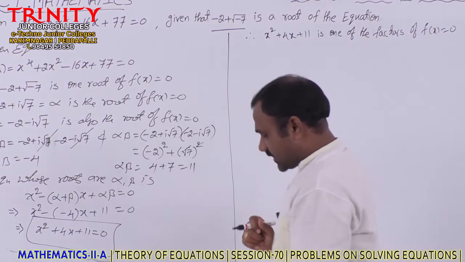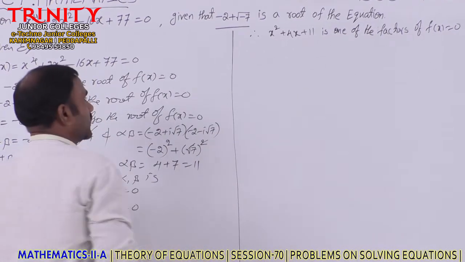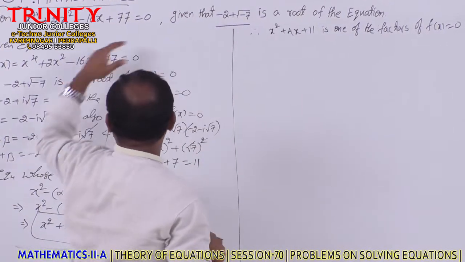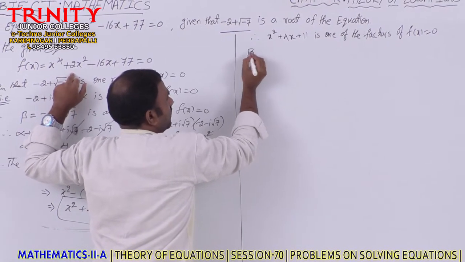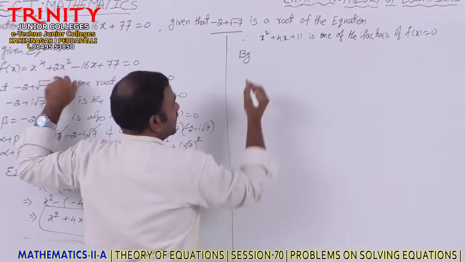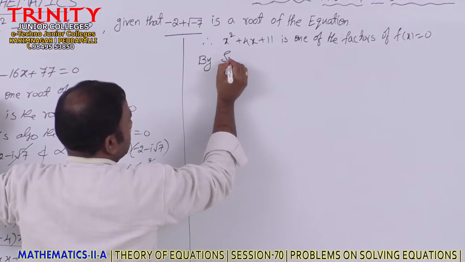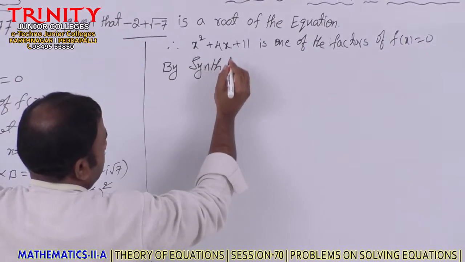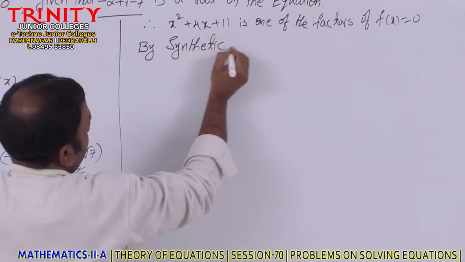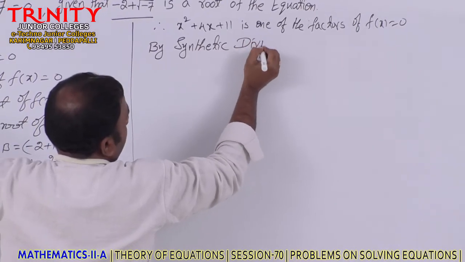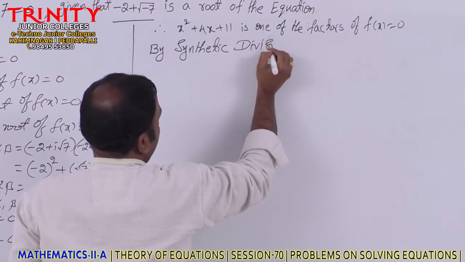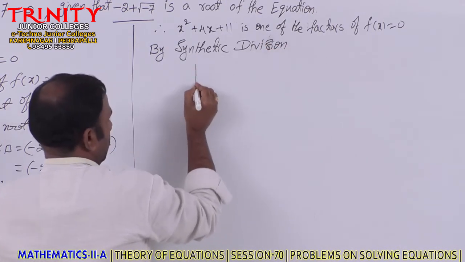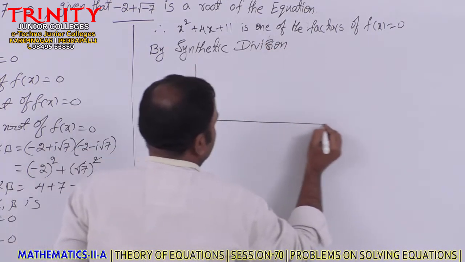If it is a factor of f of x equal to 0, then it divides the given polynomial f of x. That's why now we are going to divide by using Horner's synthetic division, to find the other factor.